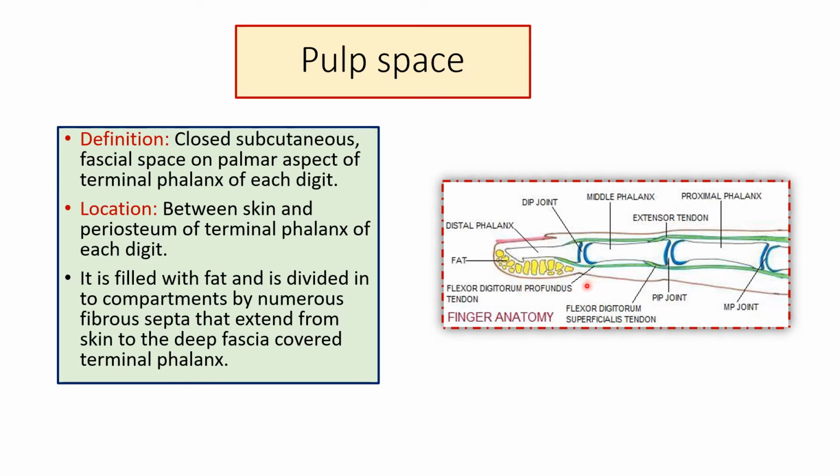Coming to the attachment of the tendons, the flexor digitorum superficialis attaches to the middle phalanx and the flexor digitorum profundus to the base of the terminal phalanx on the palmar aspect.